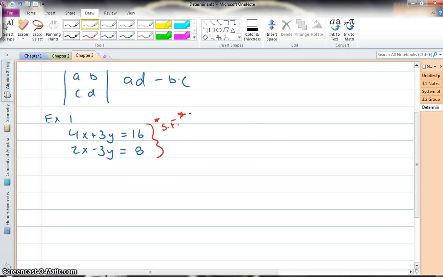Okay, now, the first one is the determinant, or the denominator. I'll show you why it's called the denominator in a second. What that entails is you take the coefficients of your x value, so 4 and 2, and the coefficients of your y value, 3 and negative 3.